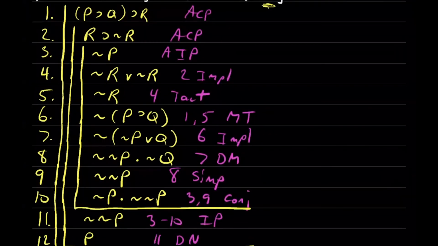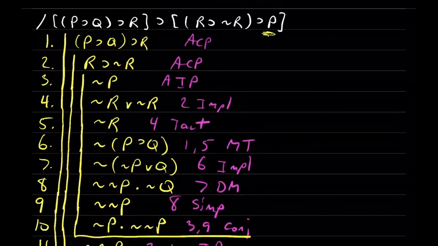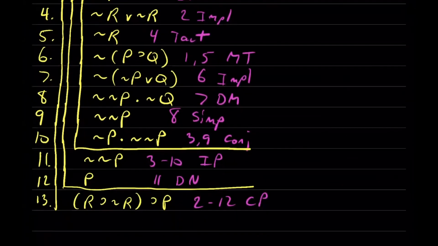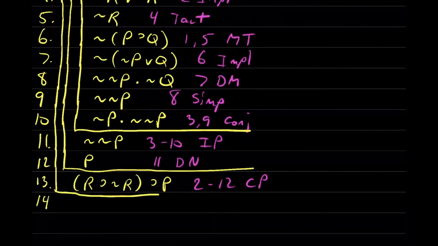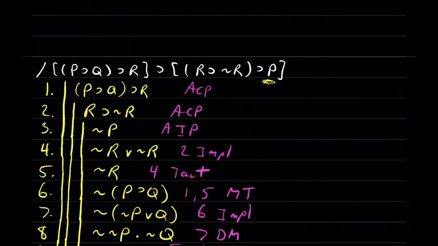And now look what we've done. We started out by assuming the left side of that bracket, P implies Q implies R on line 1. Inside that first vertical line, we were then able to get R implies not R implies P. So I am done with that conditional proof sequence. I have to remind myself what we started with here.